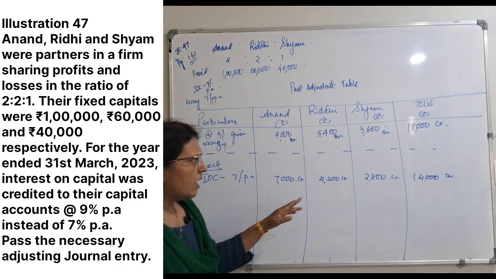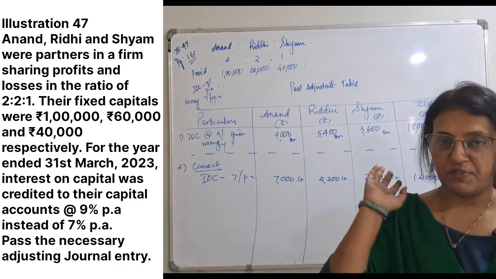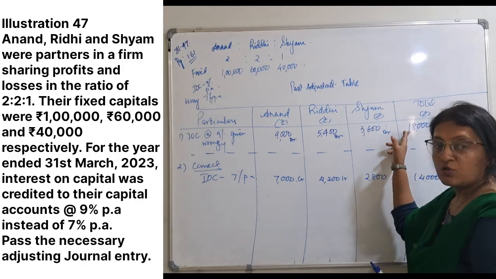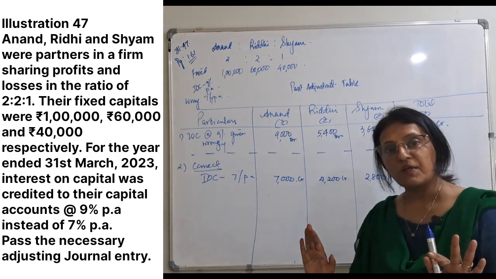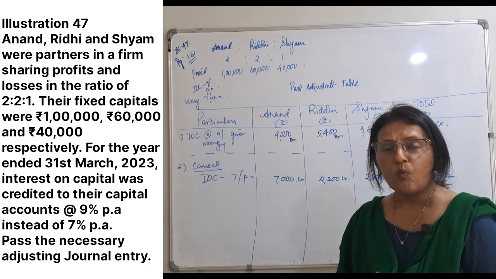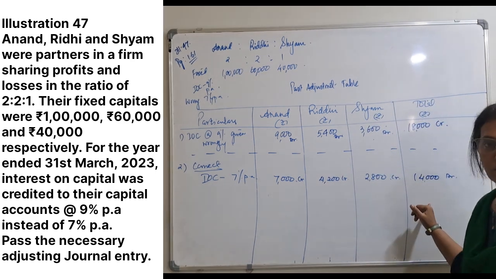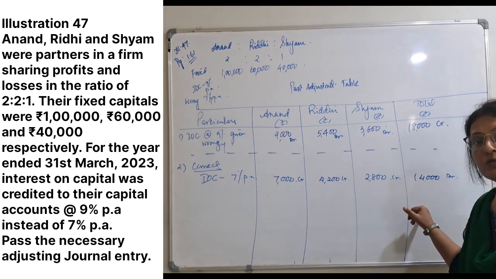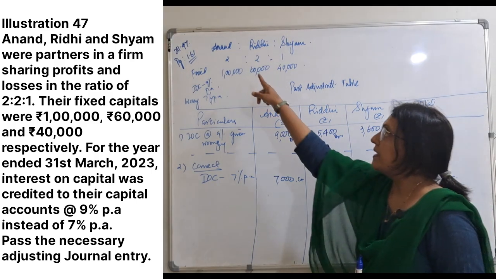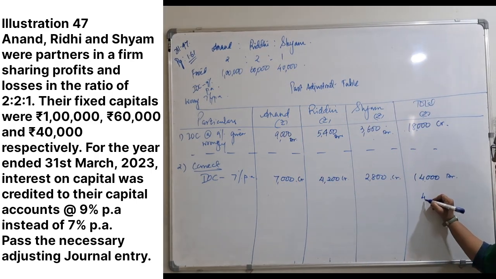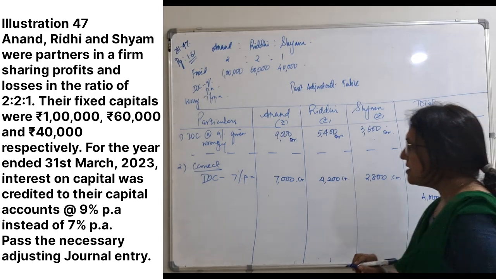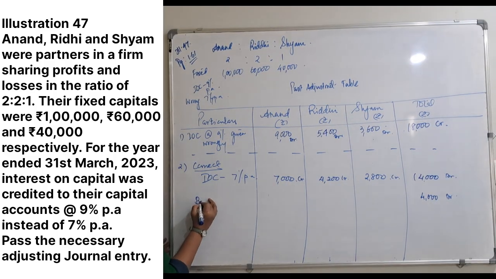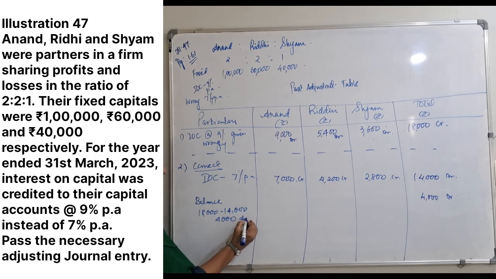Now, out of the 18,000 that we had given previously, 14,000 we have now given correctly at 7%. What about the remaining 4,000? The remaining 4,000, that is 18,000 minus 14,000, will be distributed as share of profit in the ratio of 2:2:1.